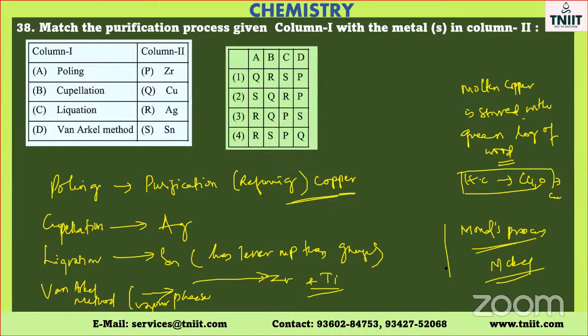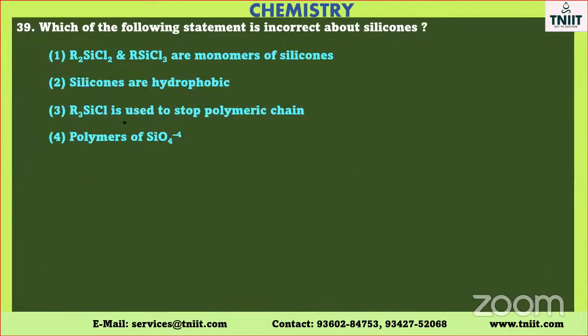This is also an example of vapor phase refining. Hence, A is Q, B is R, C is tin, and D is zirconium. Therefore, the answer for this question is option 1.